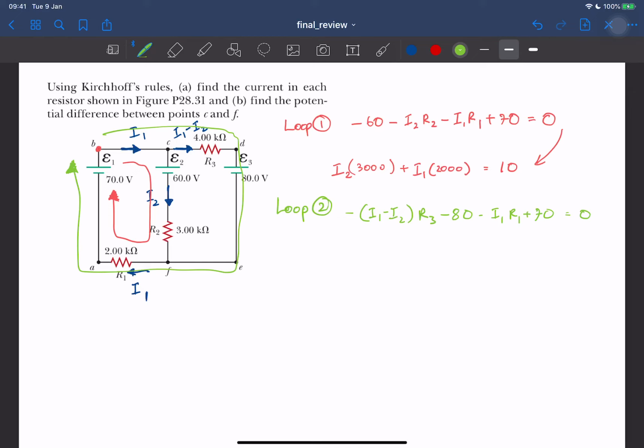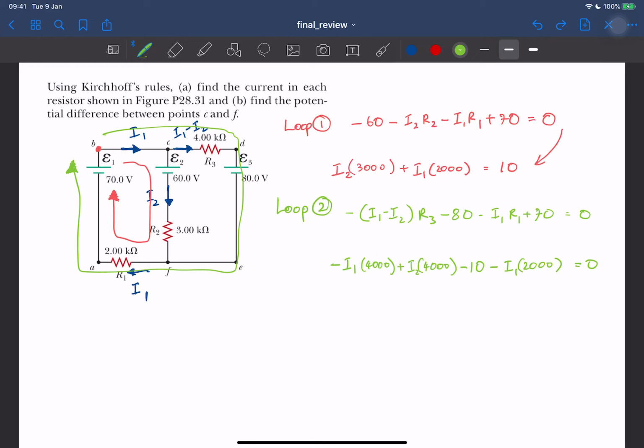And then let me simplify again. So I have minus I1 times R3, which is 4000. And then minus minus becomes plus, so I have plus I2 times 4000. And then 80 and 70, I get minus 10. And then minus I1 times R1, which is 2000, equals 0. So this I1 can be combined together.